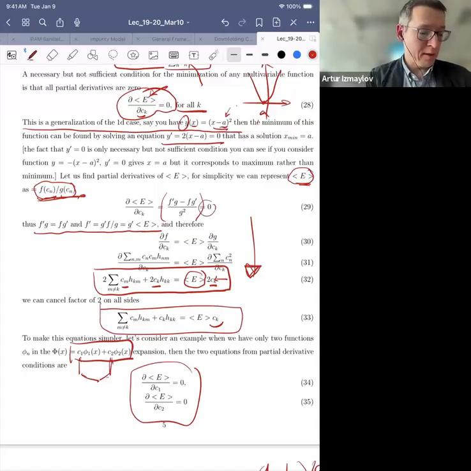So that simply means that f prime g equals f g prime, and therefore f prime equals this expression, and f over g is the expectation value of energy. So the derivative of f with respect to the coefficient is equal to the expectation value of energy times dg over dck.